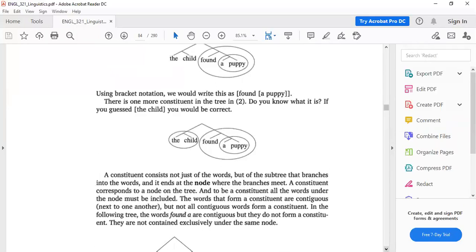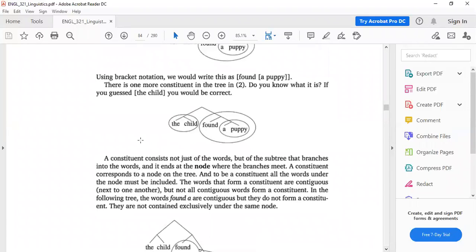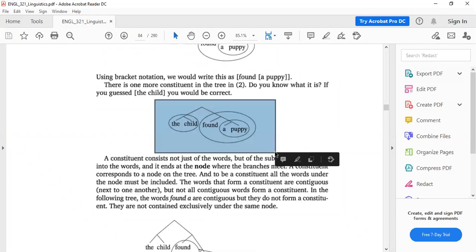Also, if we say, who found the puppy? The child. So the child is another constituent. So in the exam, if I give you this tree and ask how many constituents we have in this tree, the answer is 3: the child, a puppy, and found a puppy.